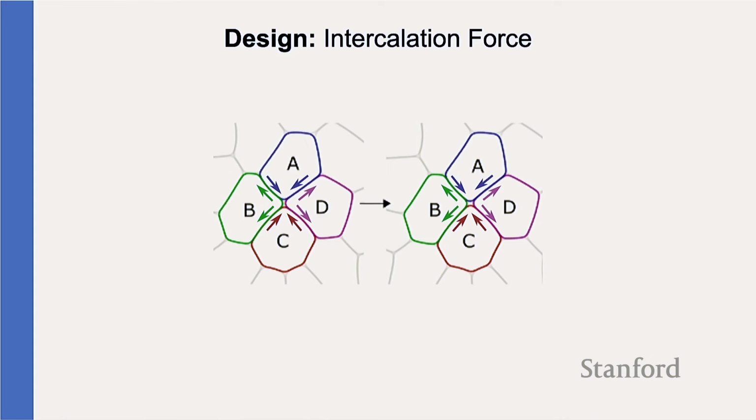It's hard to see, but as you go from this picture to that picture, there's more membrane here than there is here. So there's a net flow in, and a net flow out on B and D.